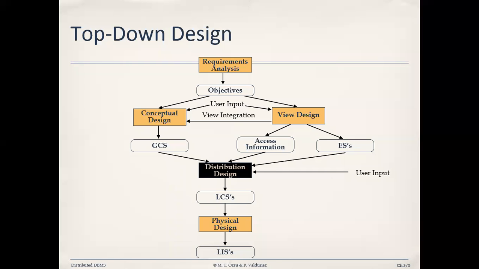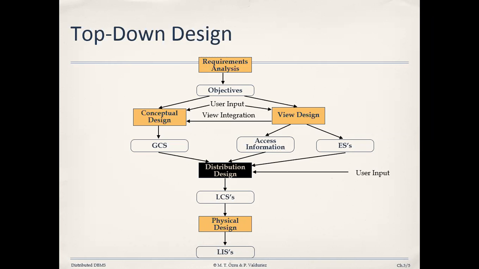All of these are counted toward the access information. This data you will see in the next slide or so, and it is very helpful when we make the distributed design.